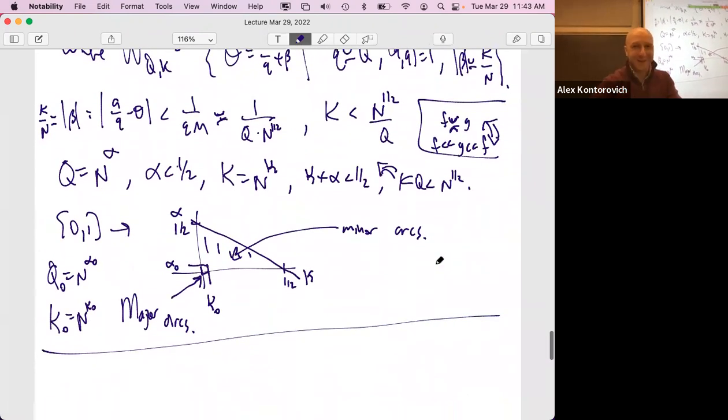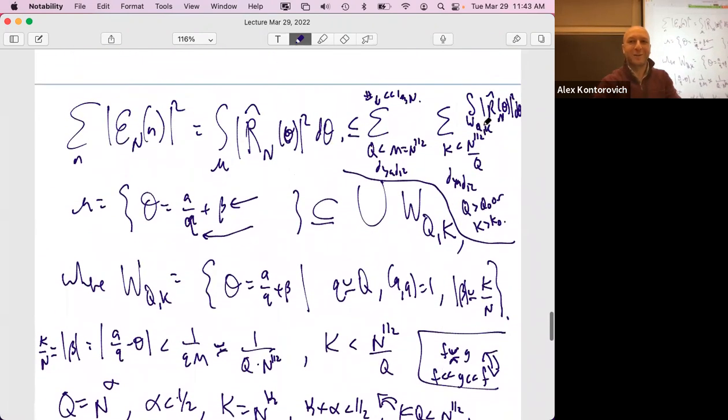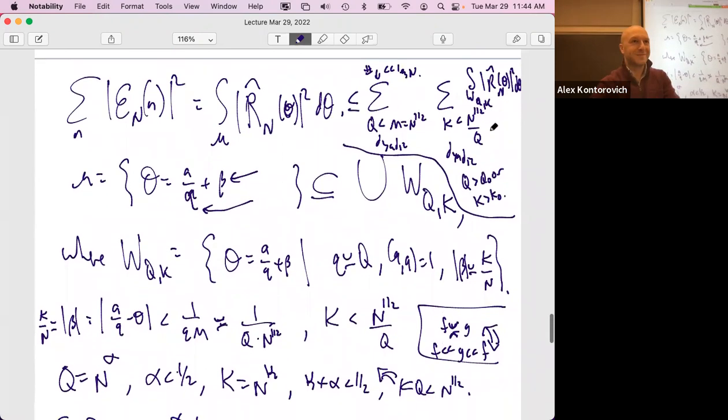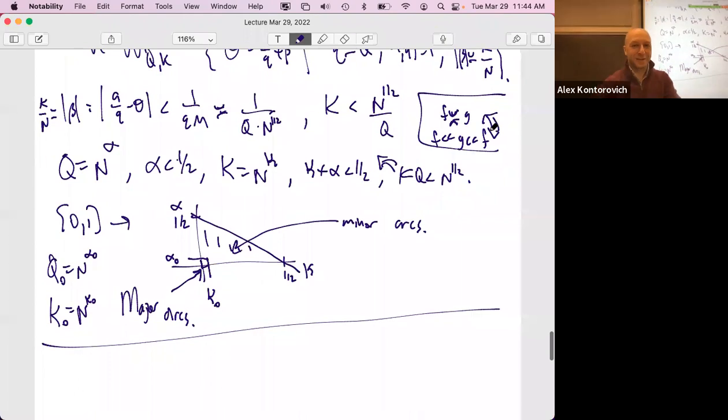What we will do next time is we will start with this and we will estimate this in L2. We'll estimate this dyadic interval, and we'll see that as long as kappa or Q are sufficiently large, we can get cancellation. So we'll be able to get cancellation in all of the minor arcs.